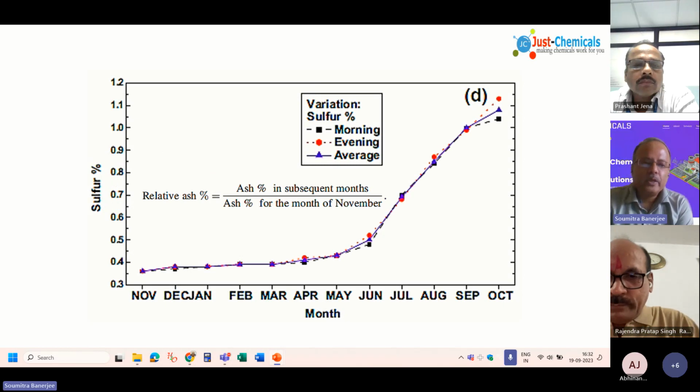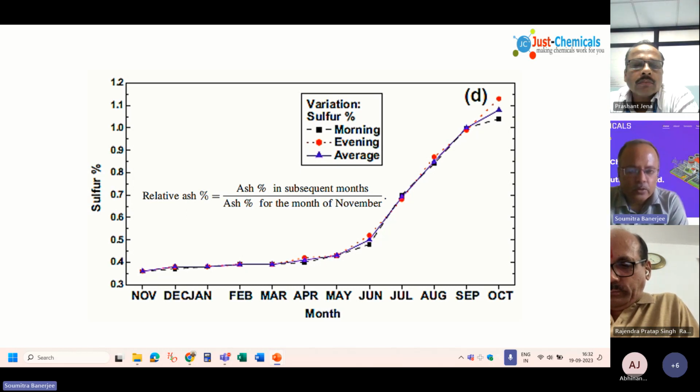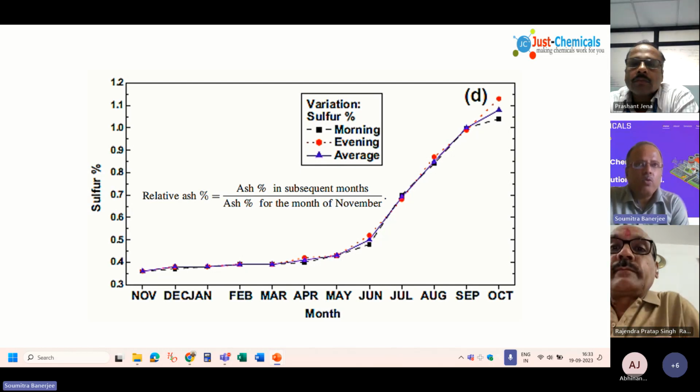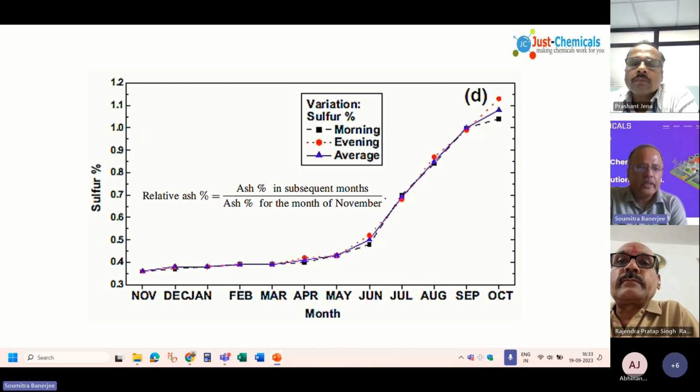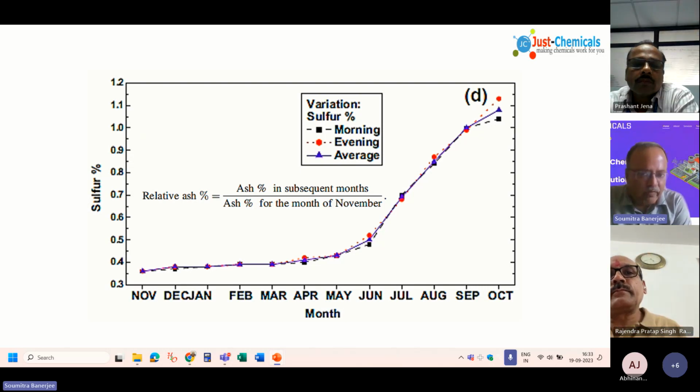This is the sulfur percentage, because on one hand you have seen the loss of carbon and hydrogen and VM, but ash will not go out anywhere. Ash will remain there, and sulfur will also remain there. So relative ash percentage and relative sulfur percentage will go on increasing.